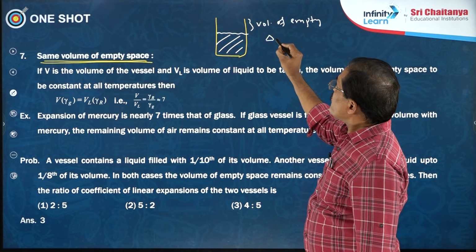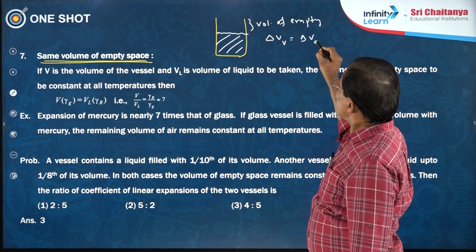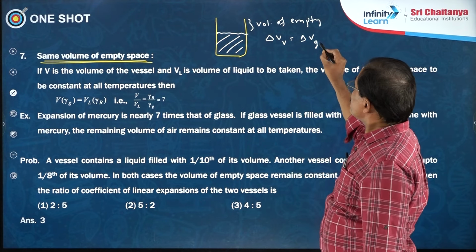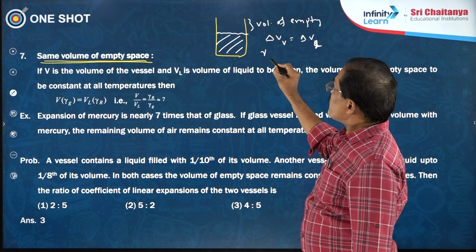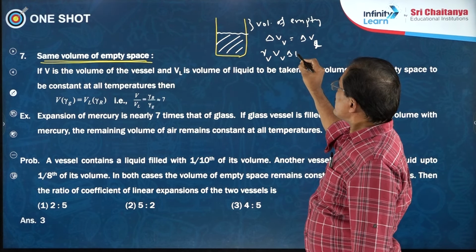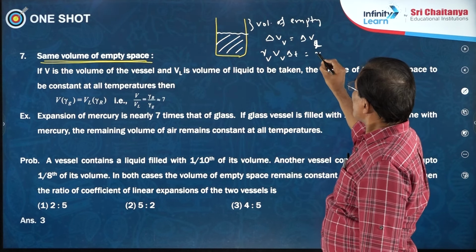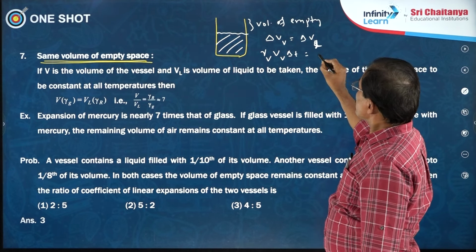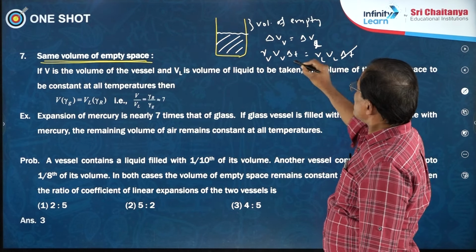Delta V of the vessel is equal to delta V of the liquid. Delta V of the vessel, you can see, gamma of vessel, volume of vessel into delta T is equal to gamma of the liquid and the volume of the liquid into delta T. So, delta T is the same.